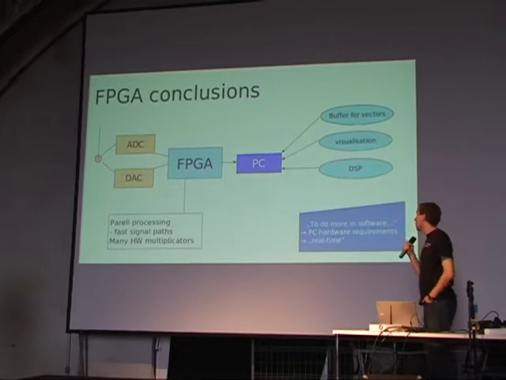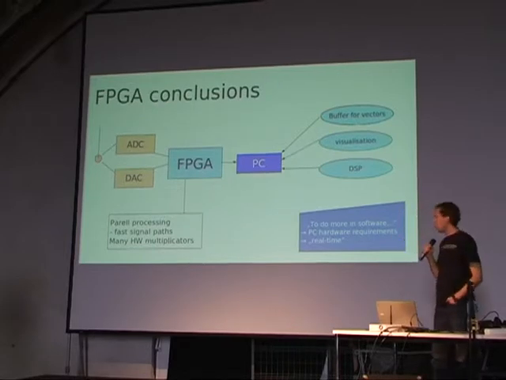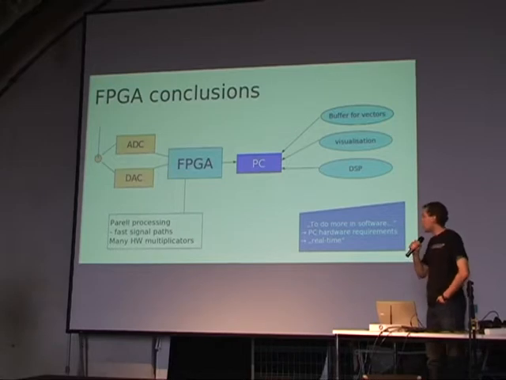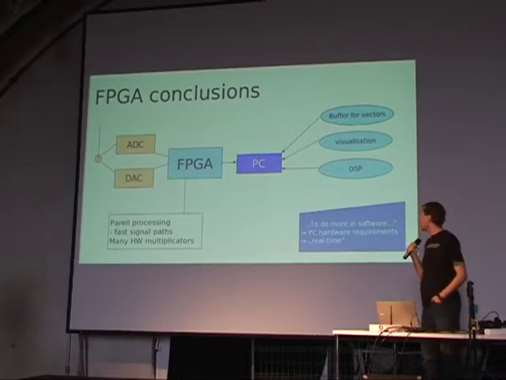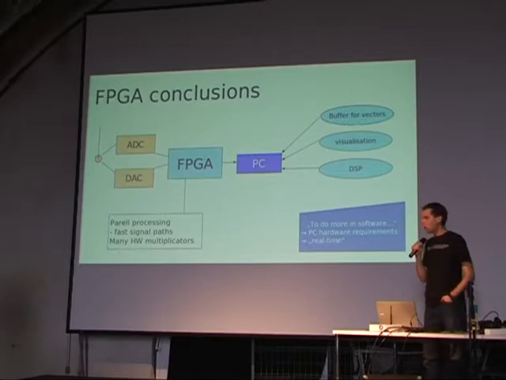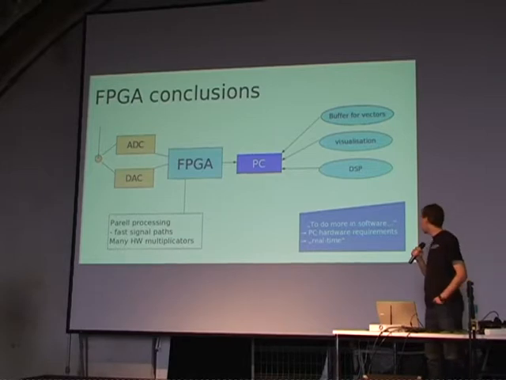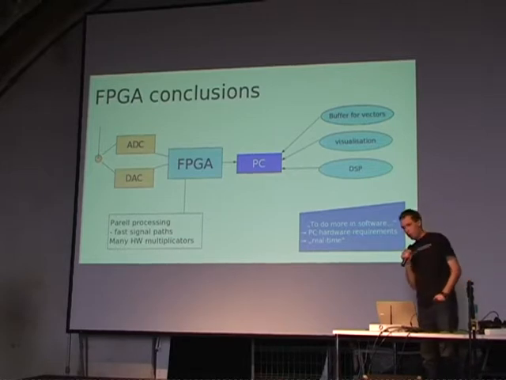So in short, we have an ADC, a DAC, an FPGA, and your PC, which now has to do the buffer for vectors that you're receiving from the ADC, the visualization, and all the digital signal processing algorithms. So the FPGA can do parallel processing, and it has a fast signal path, and it has, or it should have, many hardware multipliers. So that means we do more in software, so therefore we need more PC hardware. And yes, we have a real-time system.